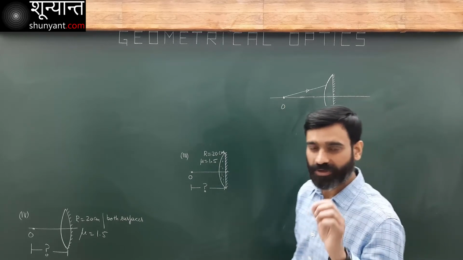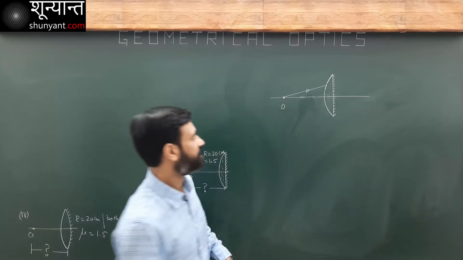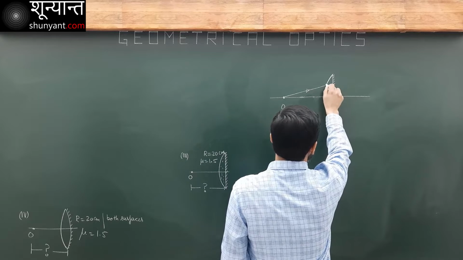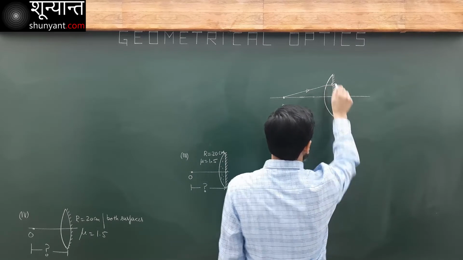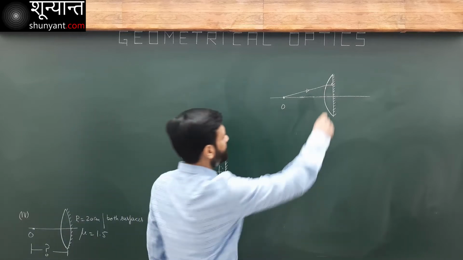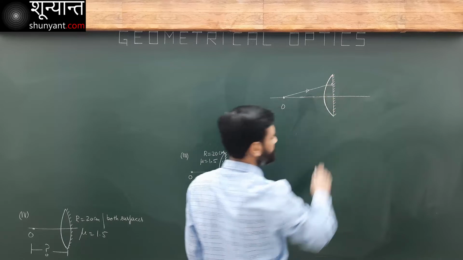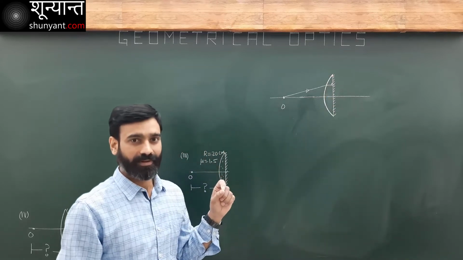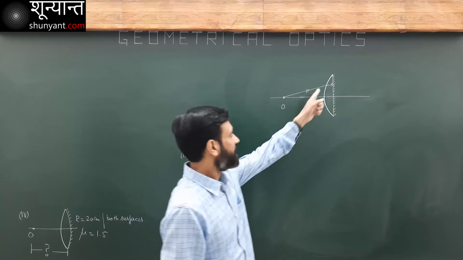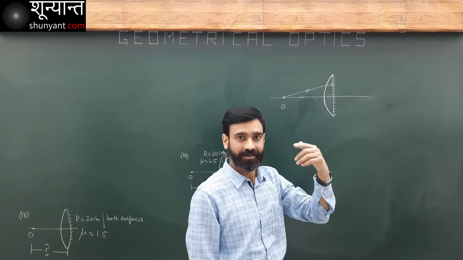I want them to retrace from a plane mirror. Under what condition will they retrace? If they are incident normally like this. This angle is 90 degrees. That means the first surface should form its image where? Such that the light becomes parallel to the principal axis. The image must be at infinity.